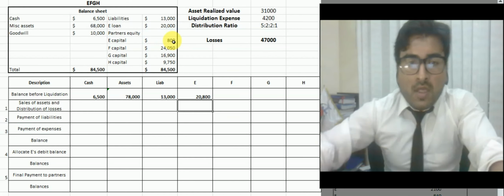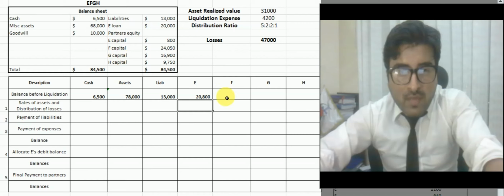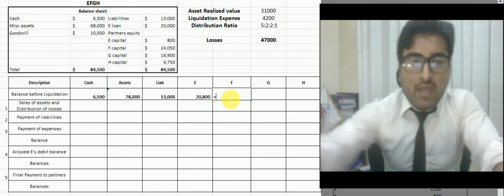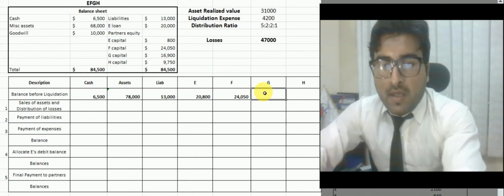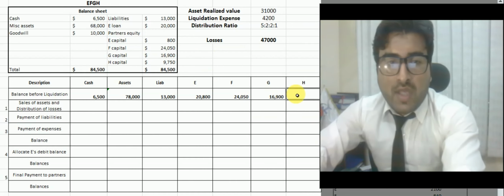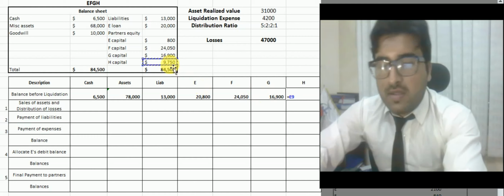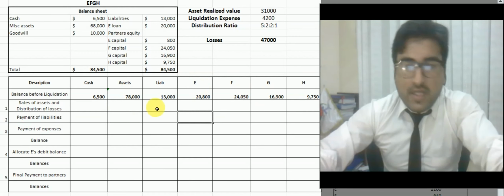Other partners don't have a loan, so there is no need to add a loan for them, only E has a loan. So F, how much is F? That is 24,050, and then we have G 16,900, then we have H, and that is 9,750. Bring all these values into their respective columns.